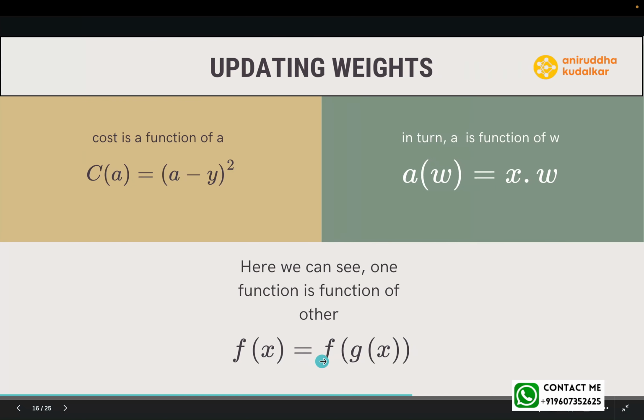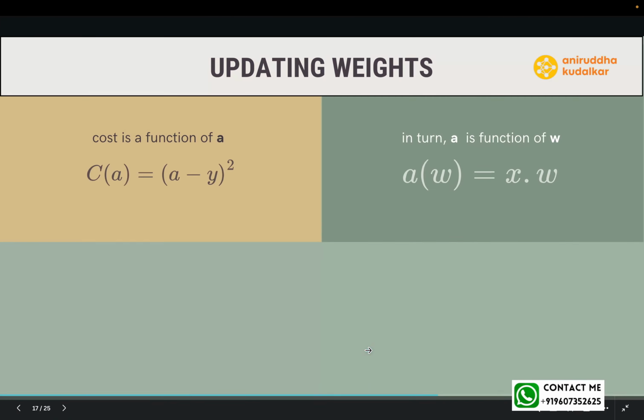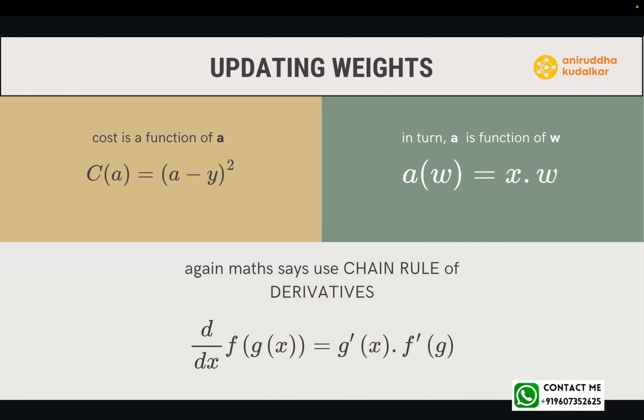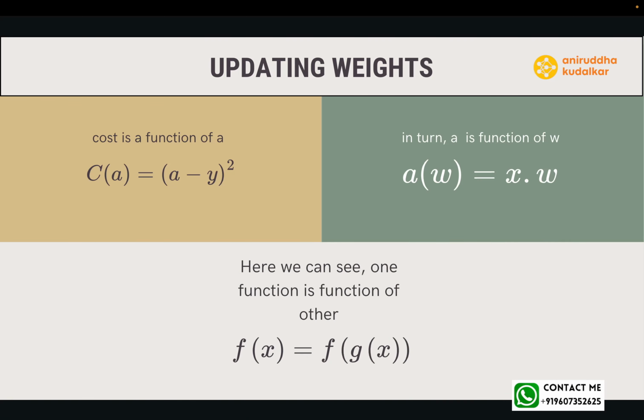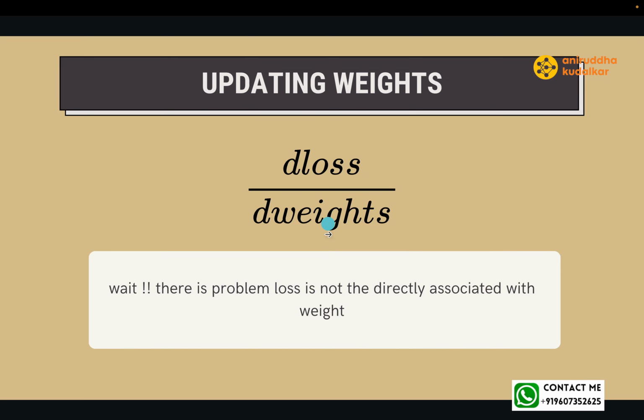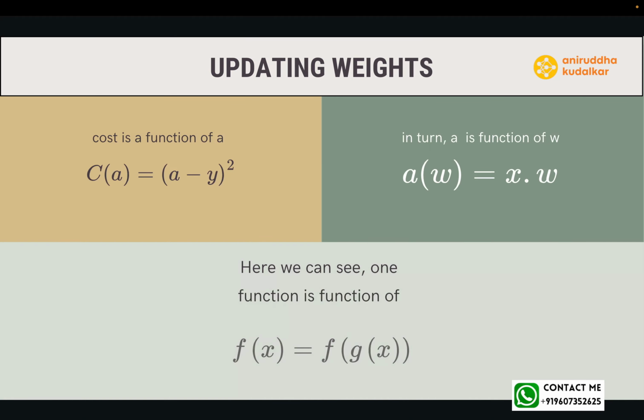So you cannot directly take the derivatives of these things. The derivative of loss with respect to weights cannot be taken directly because they are not directly associated, but they are indirectly associated in this manner.